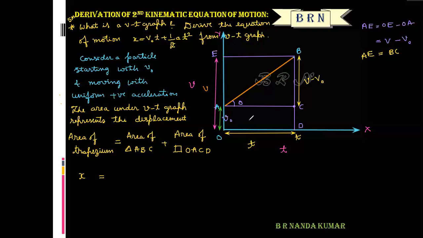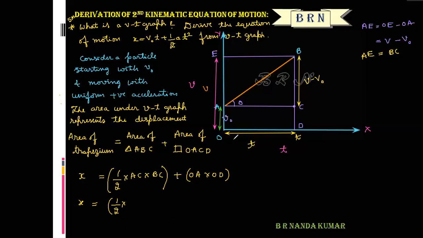So area of right angle triangle. So area of triangle is half into base into height. So base is AC, height is BC. Plus area of the rectangle, that is length into breadth. The length is OA, breadth is OD. Okay, so x is equal to half into, so what is the value of AC?